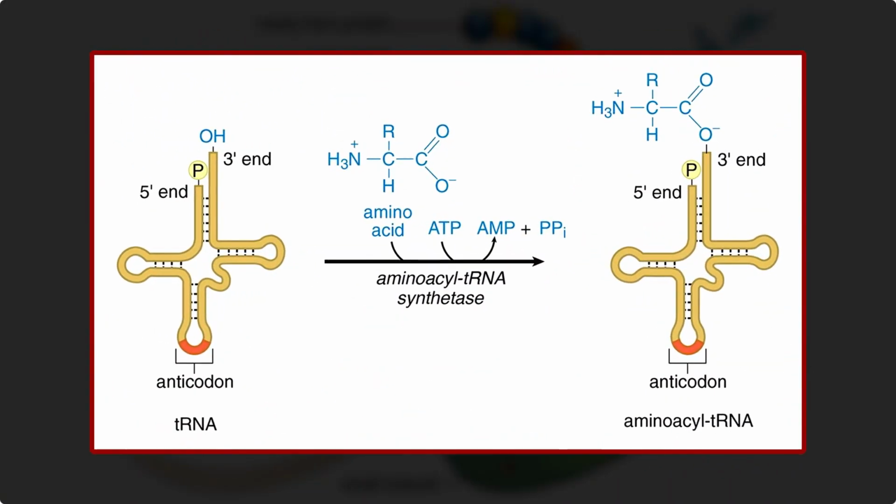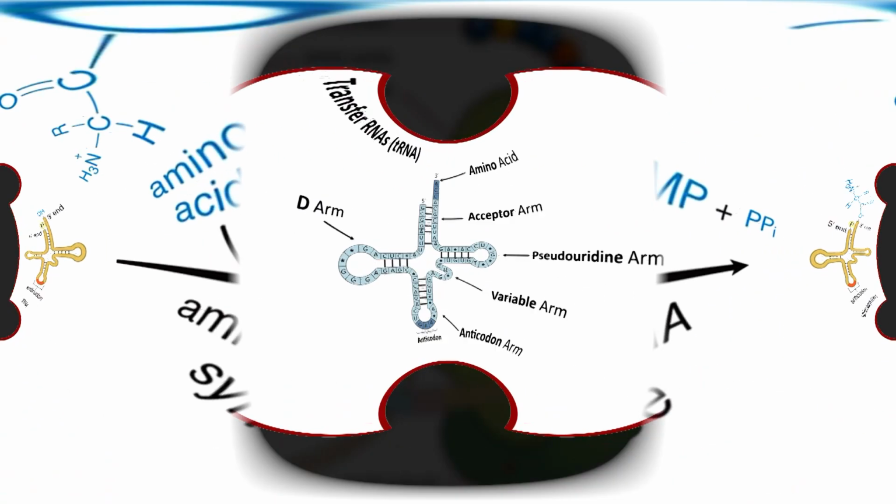The covalent bond formed between the amino acid and the tRNA is a high energy bond that enables the amino acid to react with the end of the growing polypeptide chain to form a new peptide bond. For this reason, the synthesis of aminoacyl tRNA is also referred to as amino acid activation.